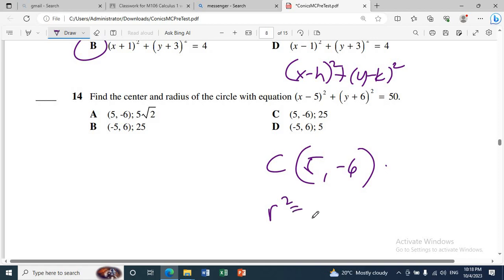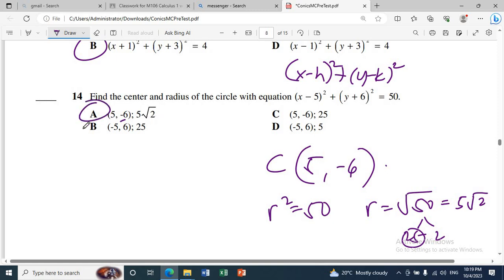R squared is 50, therefore r is square root of 50. But this is the same as 5 square root of 2. Factors of 50 is 25 times 2. So square root of 25 is 5, you are left with square root of 2. So the center is 5, negative 6, and the radius is 5 square root of 2. Letter A, number 14.